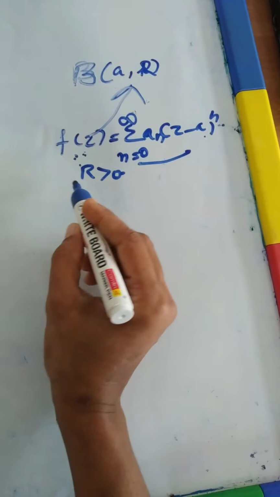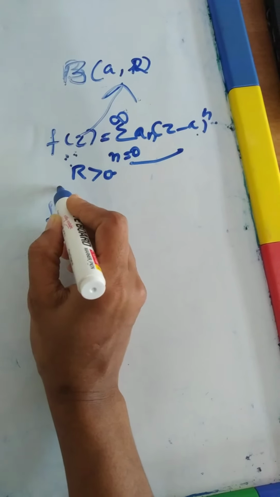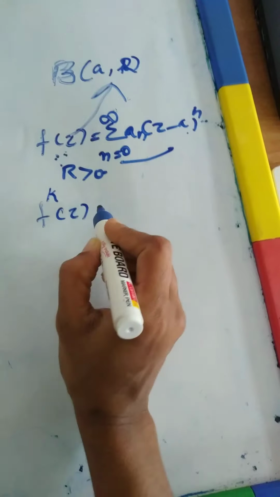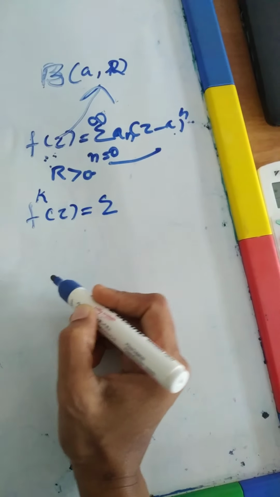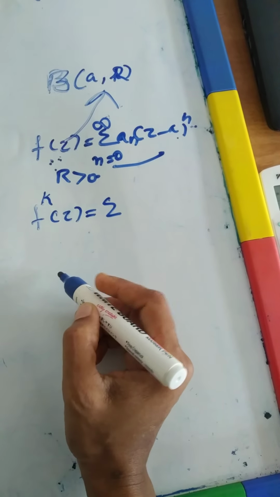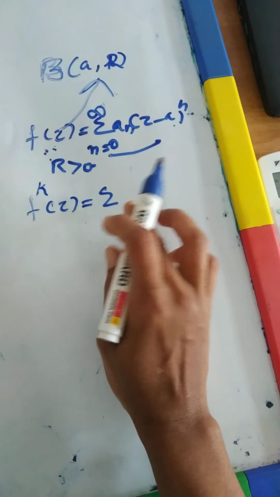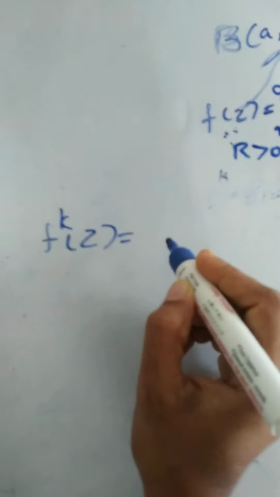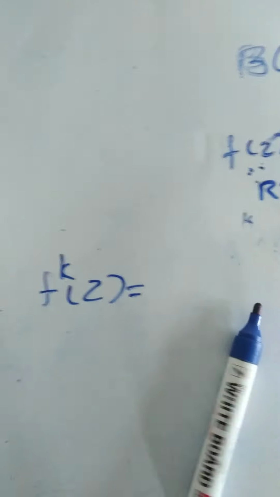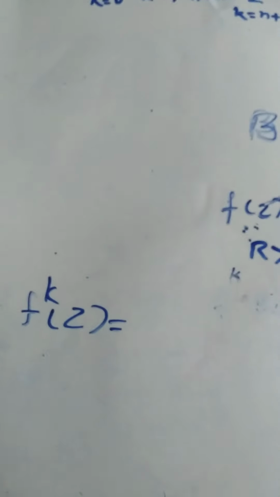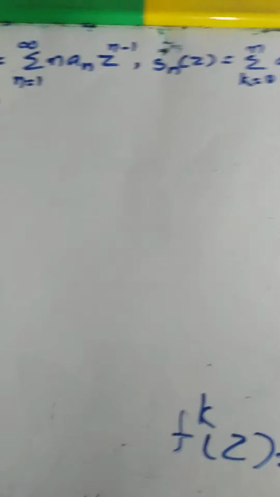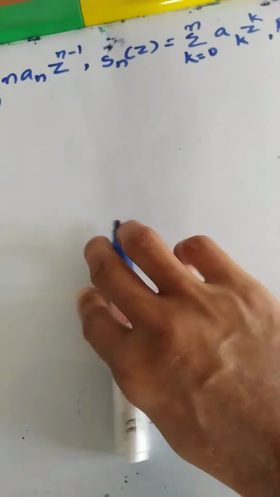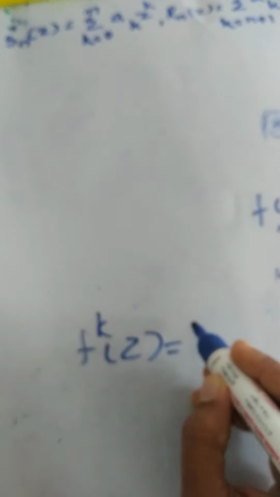the kth derivative of f of z is equal to what?